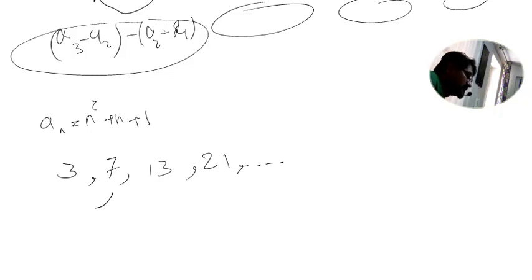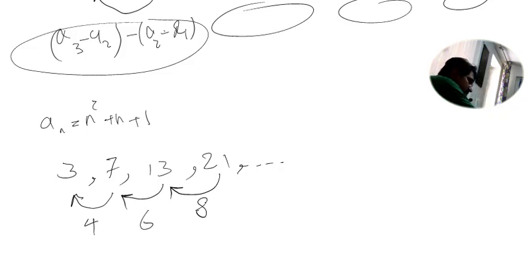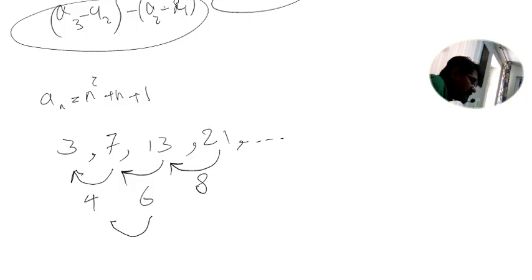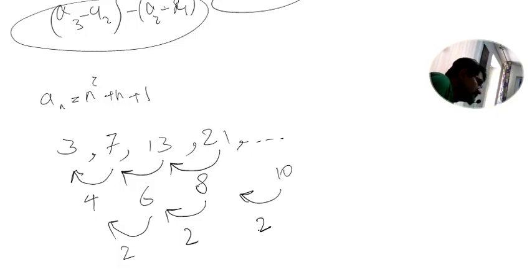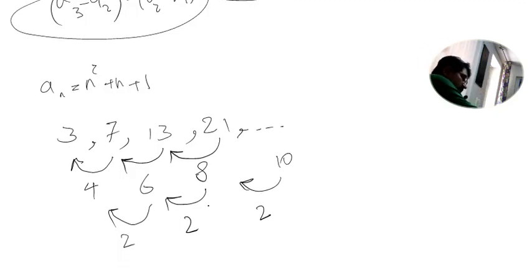So 7 minus 3 is 4, 13 minus 7 is 6, 21 minus 13 is 8. Then 6 minus 4 is 2, 8 minus 6 is 2, 10 minus 8 is 2.